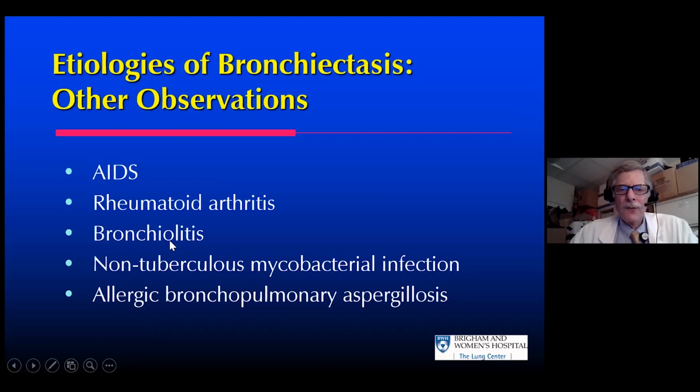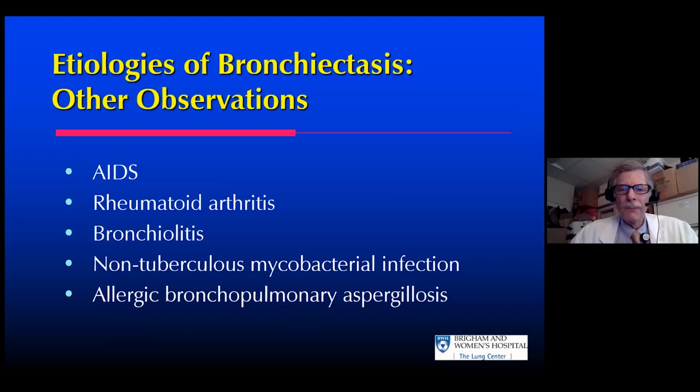And then two that I like to highlight: one, non-tuberculous mycobacterial infection, Lady Windermere syndrome, mycobacterial infection, particularly in postmenopausal thin women, leading to bronchiectasis. I think that the mycobacteria causes bronchiectasis.